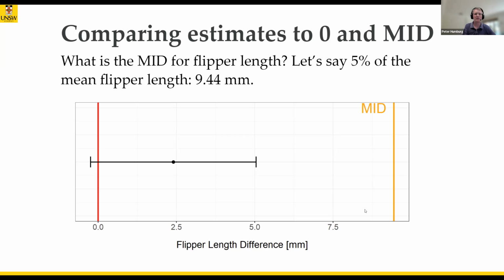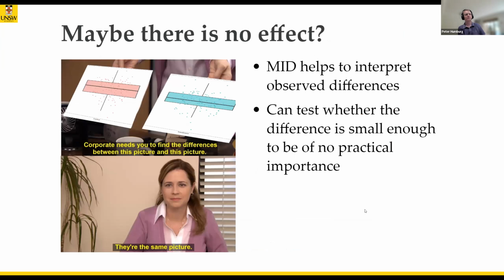So now we are getting closer to being able to say that actually maybe there really is no difference. So having established this minimal difference, we'll need to be able to say there is an effect that actually matters, helps us to make decisions like that. And we can turn that into a proper test to decide whether there actually is no difference.